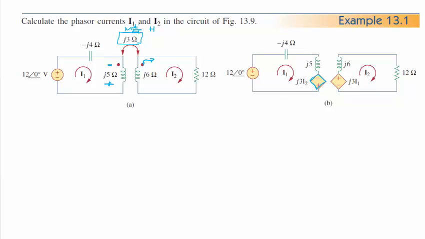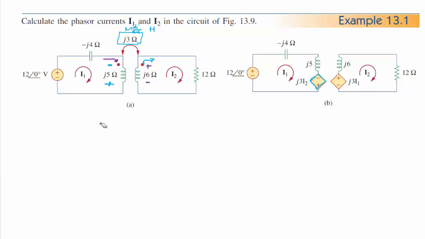Switching colors to make sure it's clear, now we want to look at loop 2, and it's going to have a voltage induced in it from the current in loop 1. I see current going into the dot here, so that means that on the secondary side, current into the dot will have polarity this way.